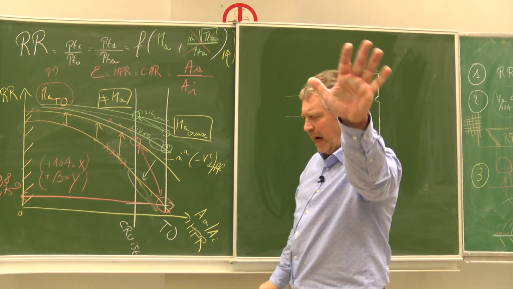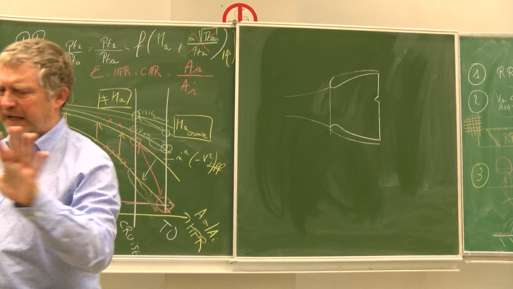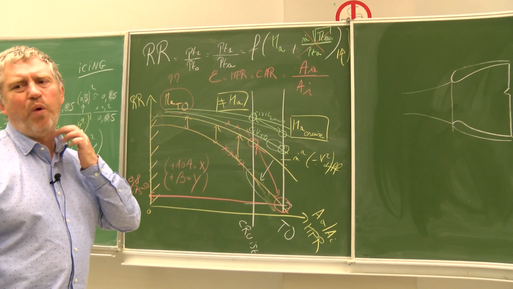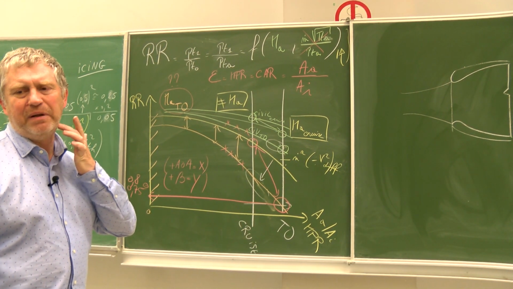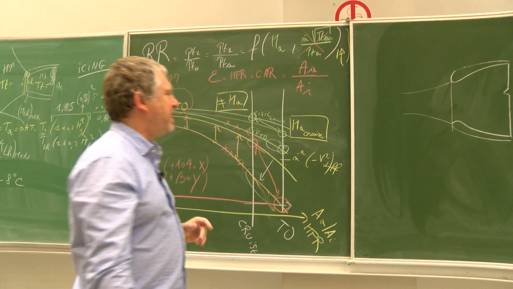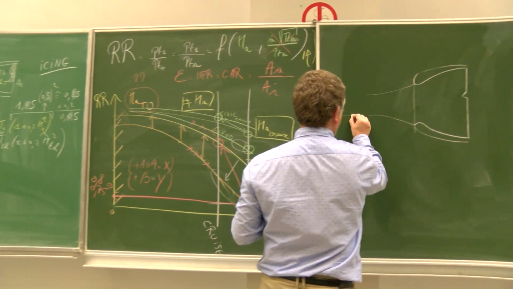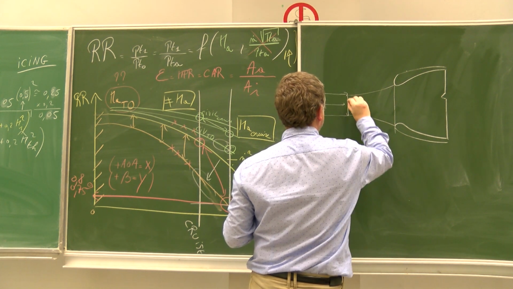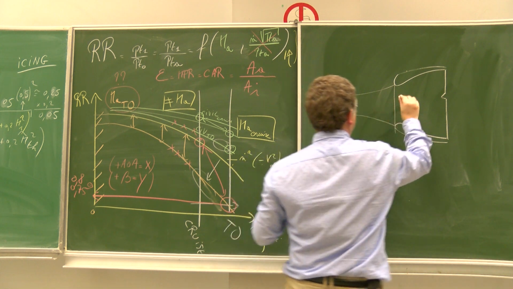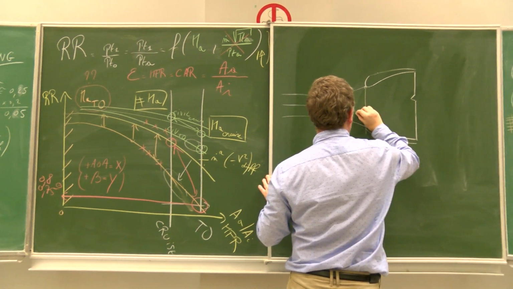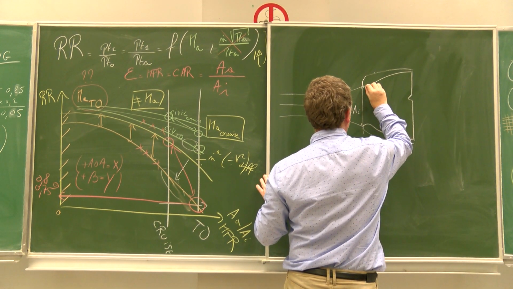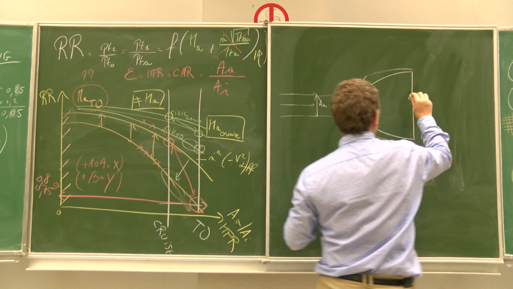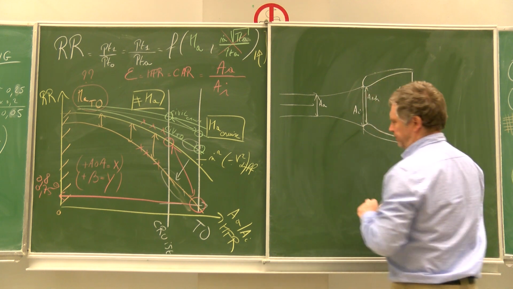I say I solve the problems of takeoff, since takeoff in civil aircraft is just 1% of the flight time, even maybe less. I have the parallel flow here, with the section AA, here the section AI, here the throat, and here the section A1.